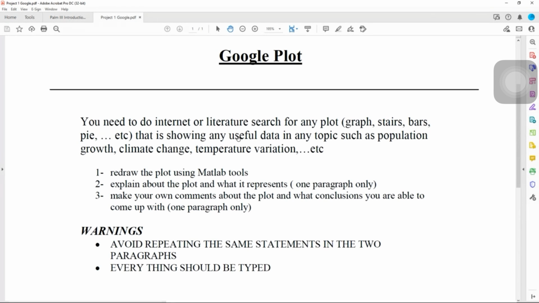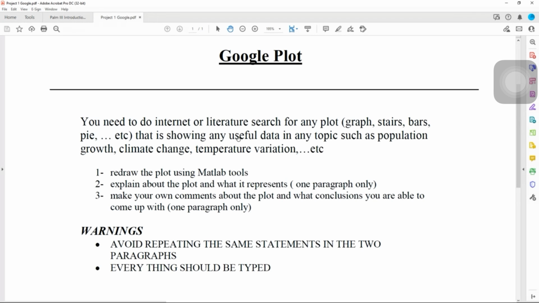You can start in the sense that once you have access to that graph, make a copy of it and paste it in your document. Show us what the original graph looks like, right? Then try to use MATLAB to reproduce it. For example, if it's a bar graph, you just take a look at the values and then try to duplicate them in your own bar graph display.